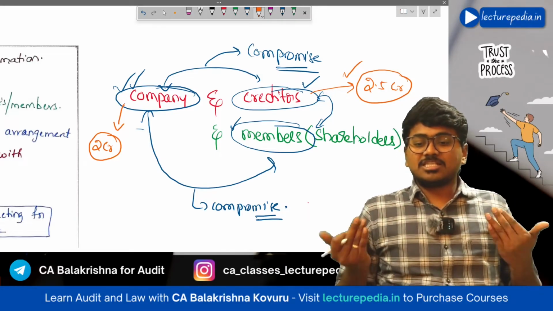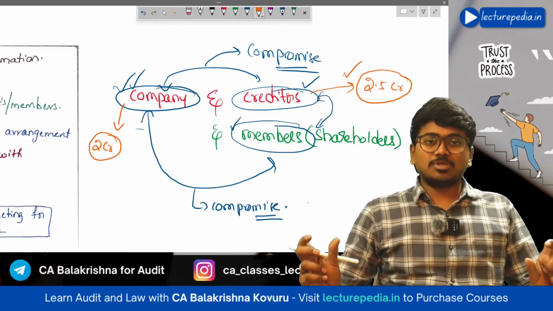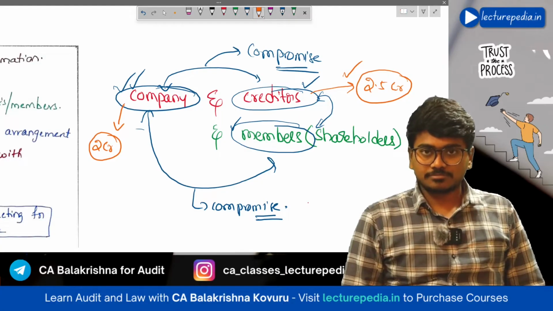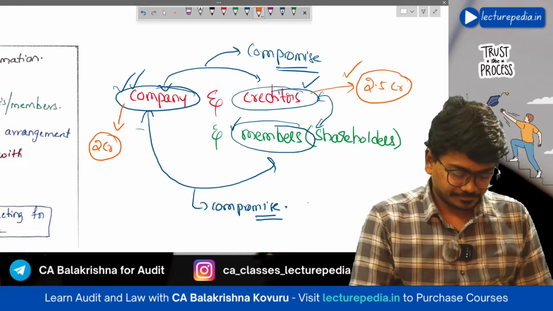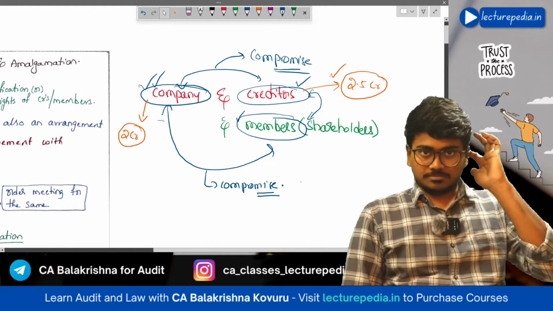Now, you see, there is a dispute between company and creditors. This dispute can be resolved with the help of compromise. We will be discussing sections 230 onwards, all these sections. In the same way, a dispute between company and members.